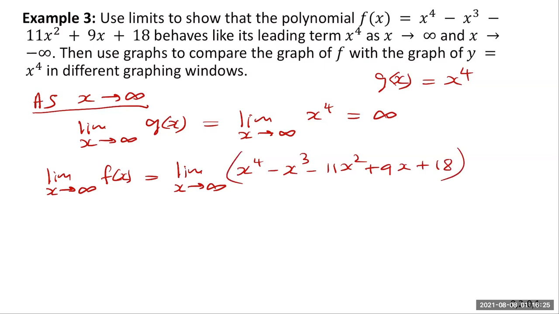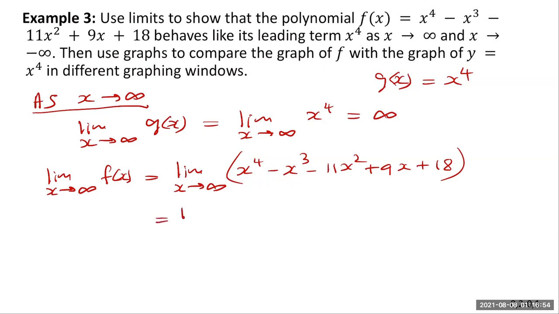Notice that you cannot plug in infinity in this function to find the limit. Why? If you plug in infinity here, you get infinity to the power 4, which is infinity. Here you get infinity to the power 3, which is infinity. You get infinity minus infinity, right? That's problematic because infinity minus infinity is indeterminate. So we need to figure out some other way to calculate the limit.